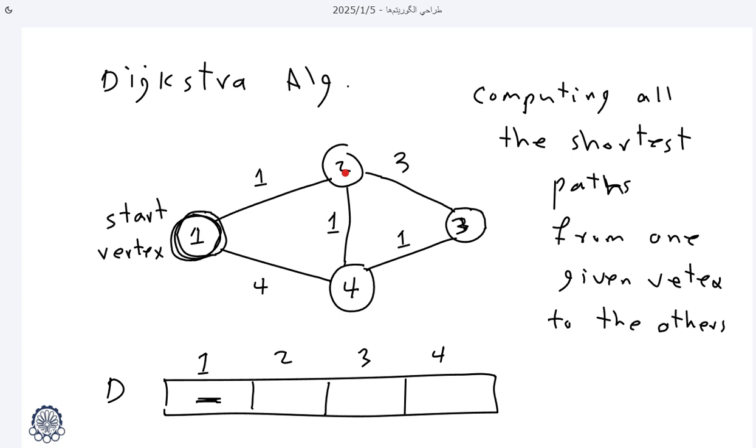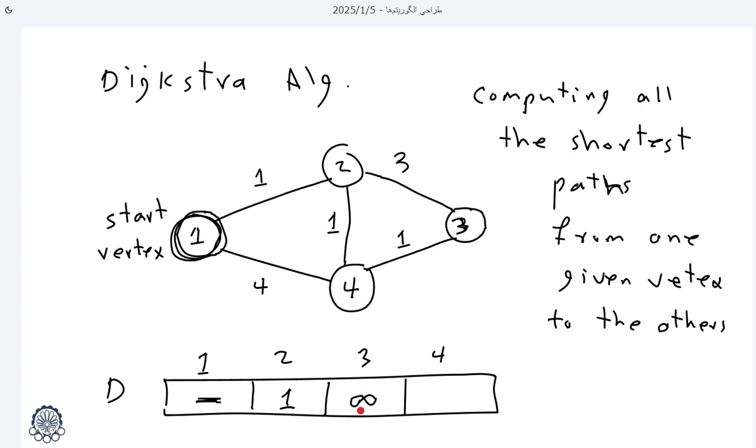Node 1 to node 2, the edge 1, 2 has the weight 1, so we put 1 here. Node 1 to node 3 does not have any edge. We do not have any edge between node 1 and node 3, so we put infinity here for the weight of the edge between 1 and 3, because we do not have any edge between 1 and 3.